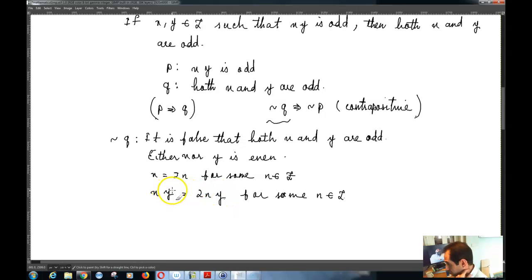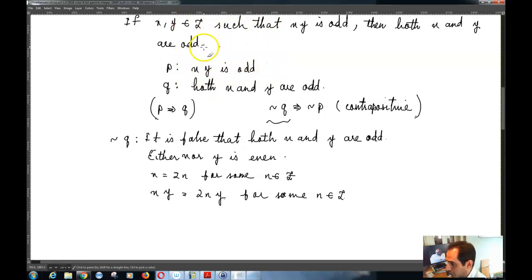Now, if x times y is 2ny for some integer n, then of course it's an even number. xy is an even number, which is the negation of P over here.